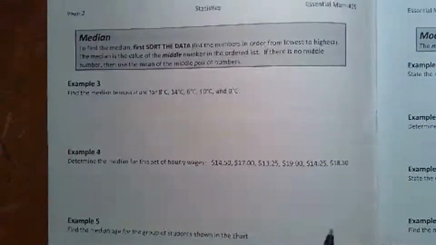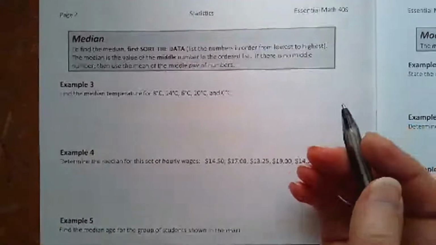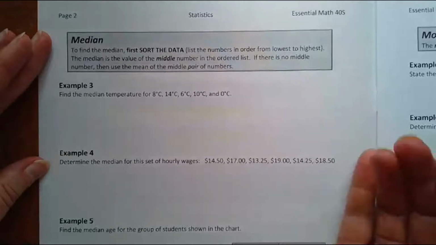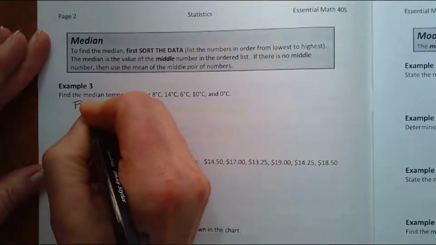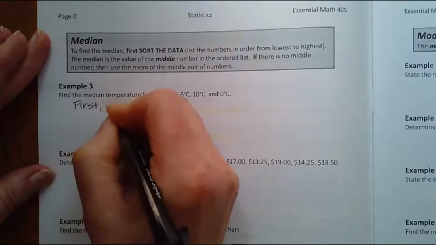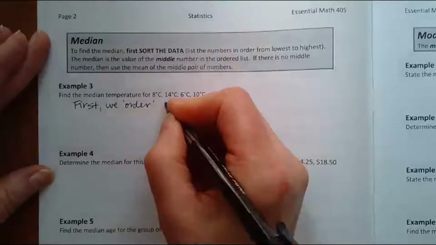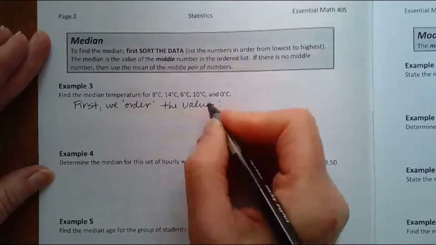So let's see. Find the median temperature for 8, 14, 6, 10, and 0. I think that's the same group of data we had before. Well, let's see. First, we order the values, the temperature, because they're not given to you in order.